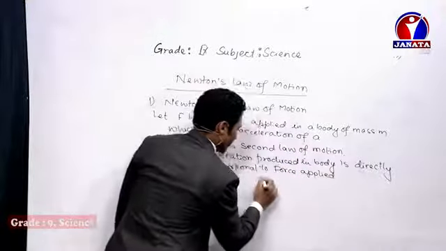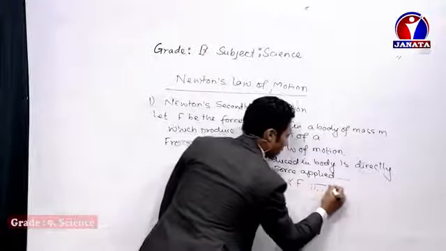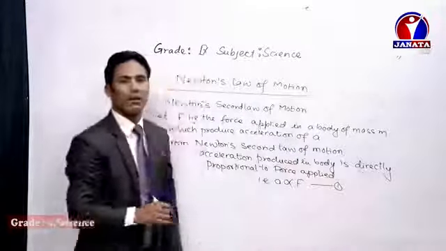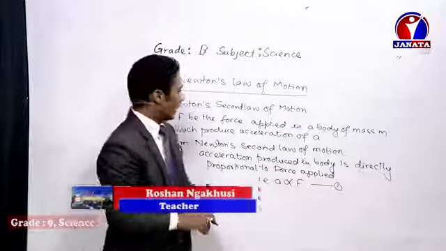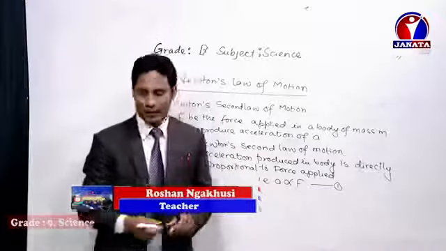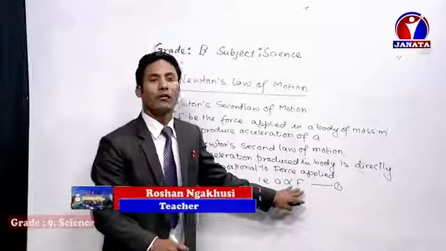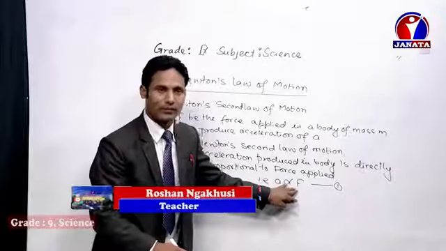That is, acceleration produced is directly proportional to the force applied. So this is equation 1. I have already said the acceleration produced on the object by applying the force is directly proportional to the force applied, right?